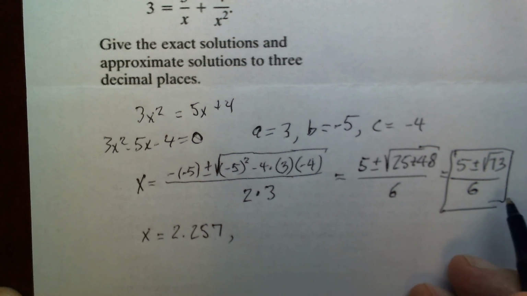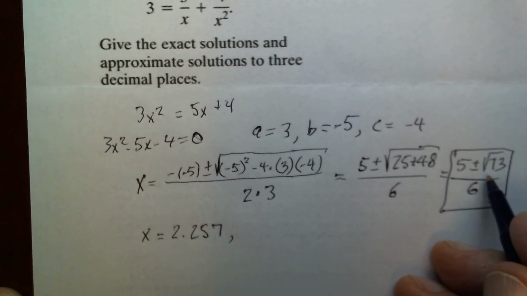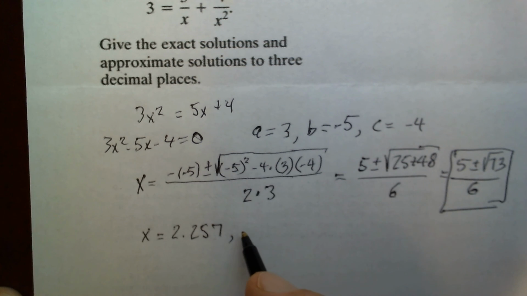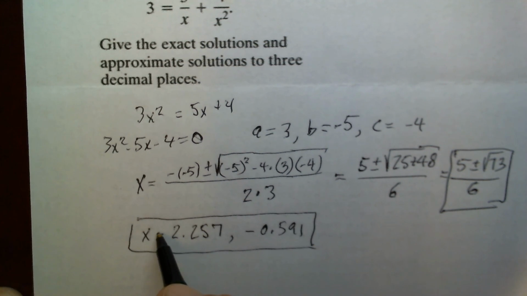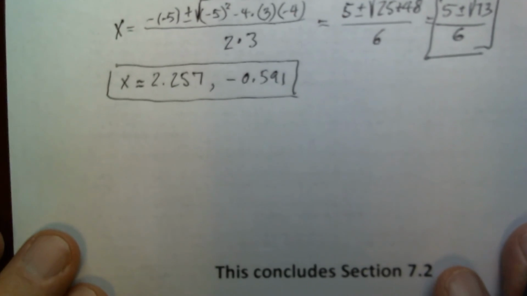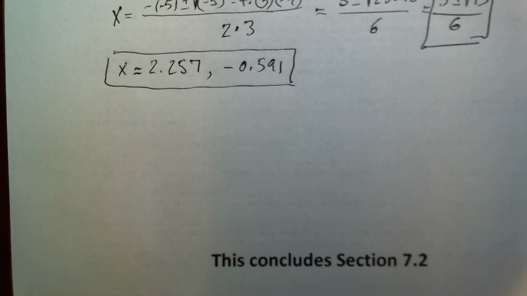And when we use the minus symbol, 5 minus the square root of 73 divided by 6, that is minus 0.591. So these are the two approximate solutions for x. And this concludes section 7.2.